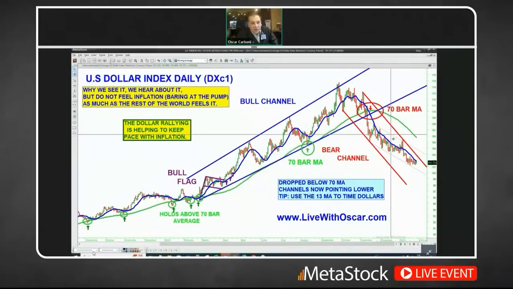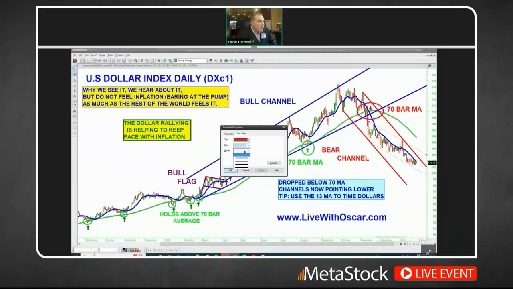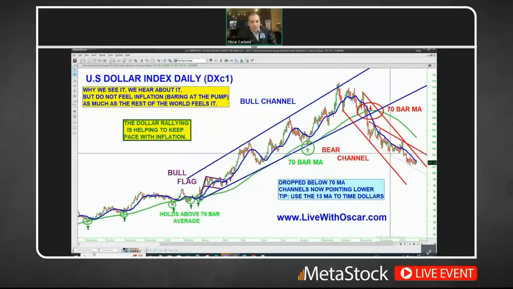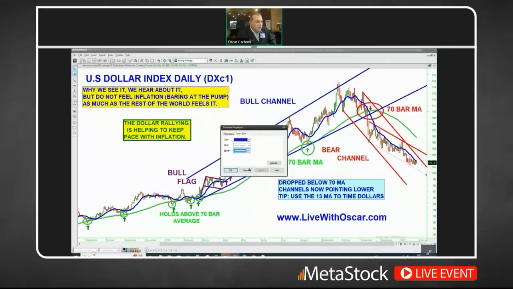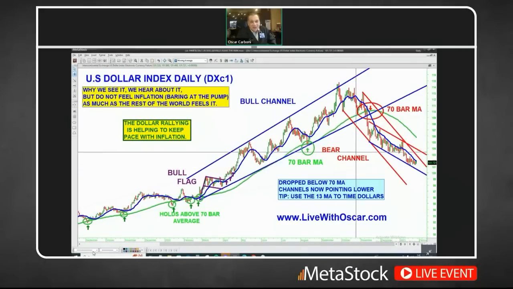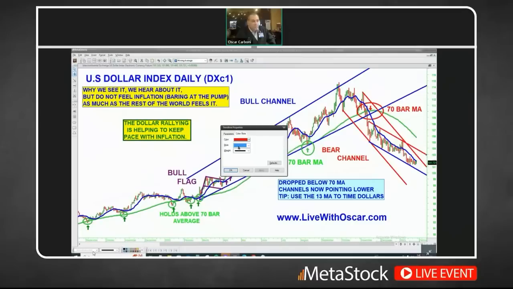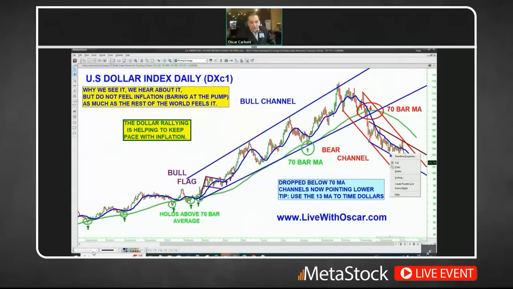All right, what else are we getting? Another channel inside of this channel. So we are getting nothing now but bearish looking channels, where we used to have bullish looking channels. So the dollar is changing complexion, as is the stock market, right? So you've got this channel building. We'll make it blue just to make it different, or any other color just to make it different. And this way you can see the difference in the channels.